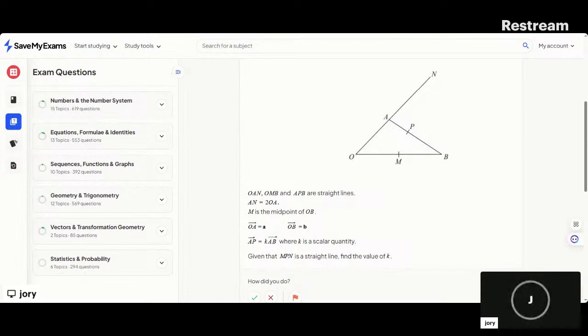Now I have two equations for NP, so BK minus AK minus 2A equals half of BM minus 3AM.